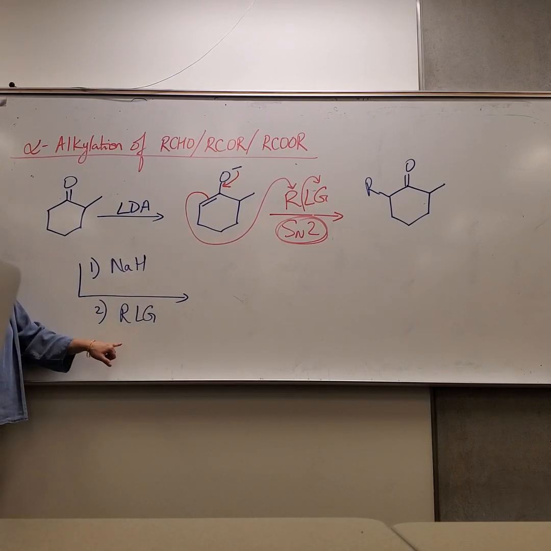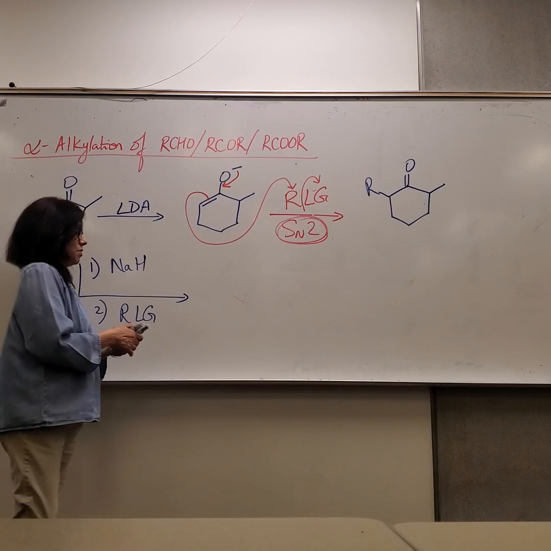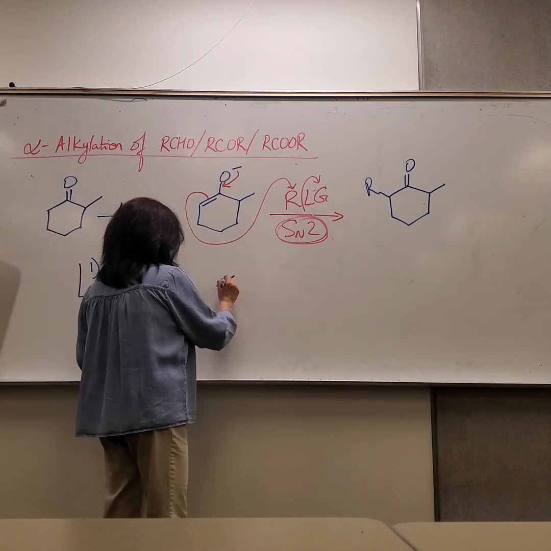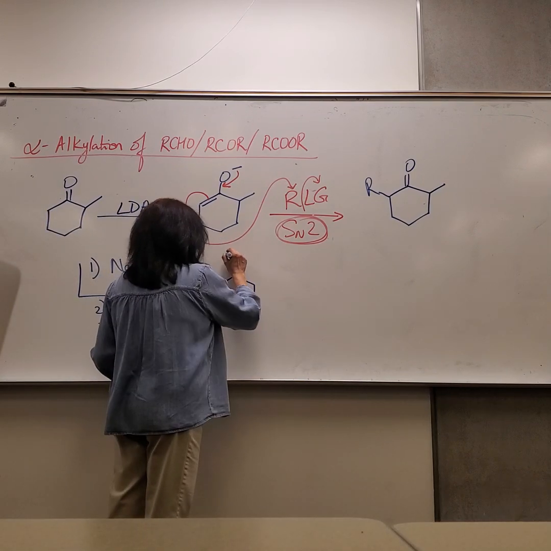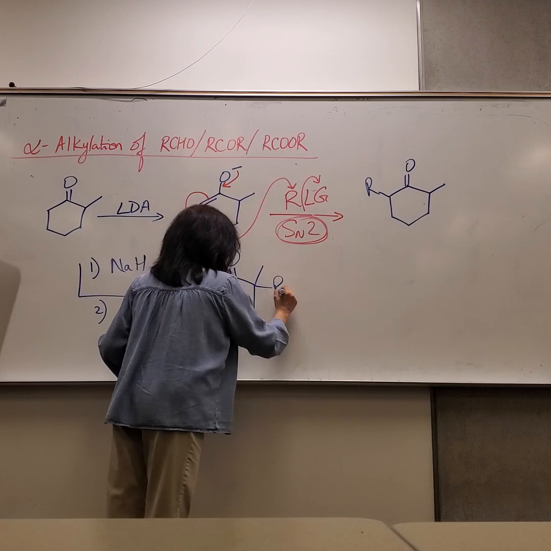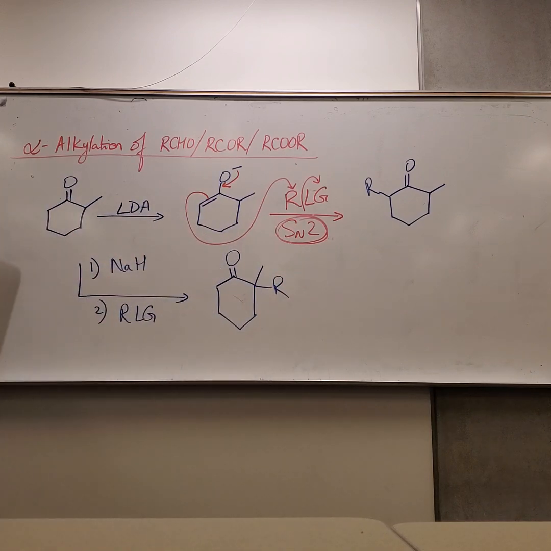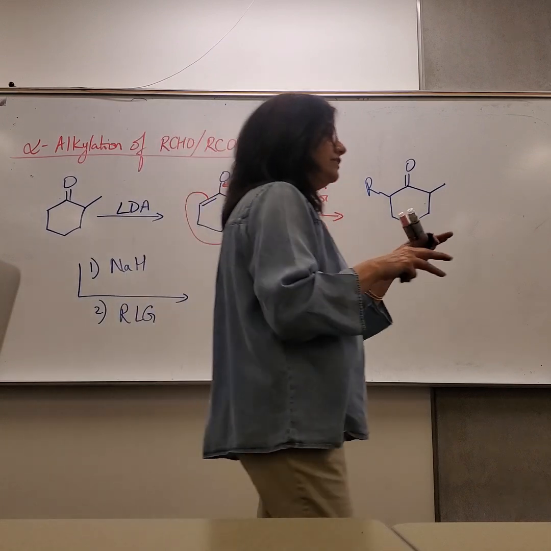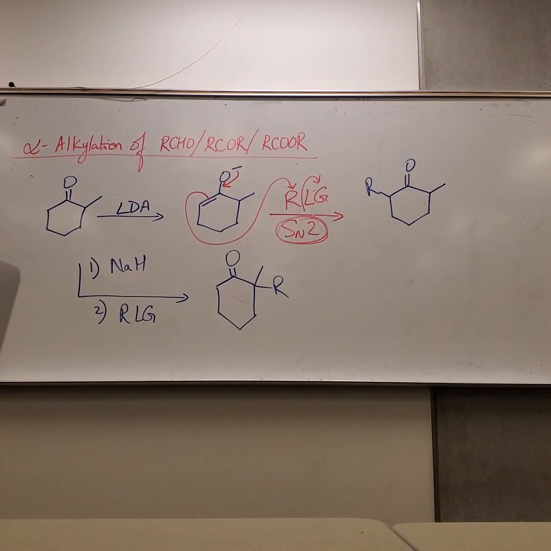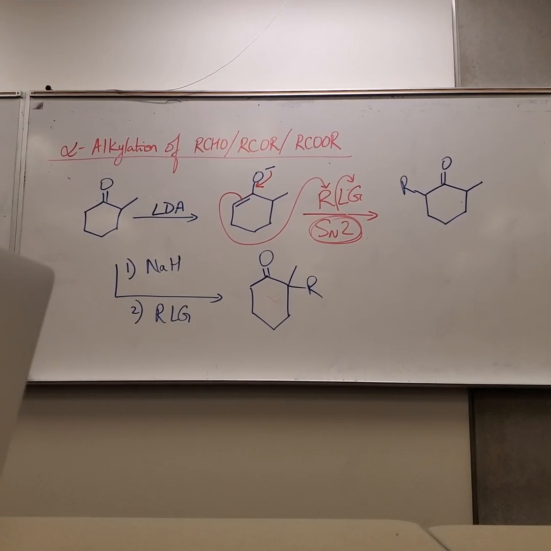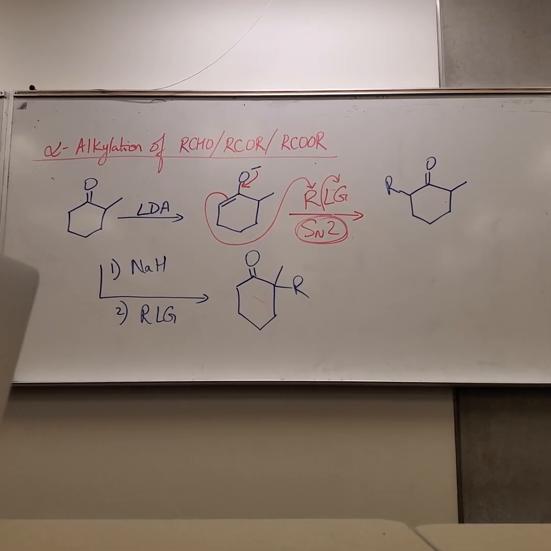So then where would the R go? On the tertiary. So we can control the regioselectivity of the alkylation by controlling the size of the base, which decides whether we get the kinetic enolate or the thermodynamic enolate. Does that make sense, guys?